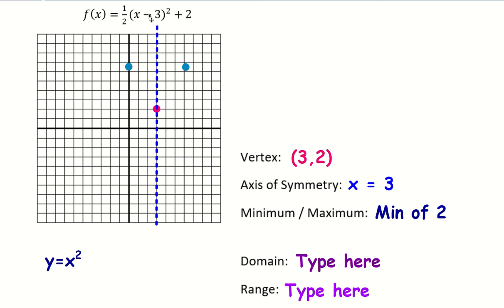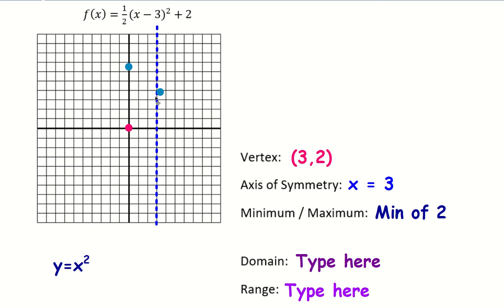And when you have this minus 3 right there, you can think of this as having a minus 3 right on the x would cause this parabola to shift to the right. And this number attached at the end causes this parabola to shift also up 2.